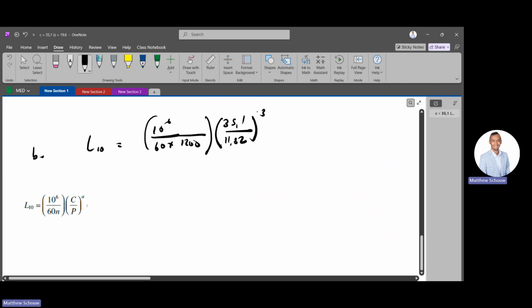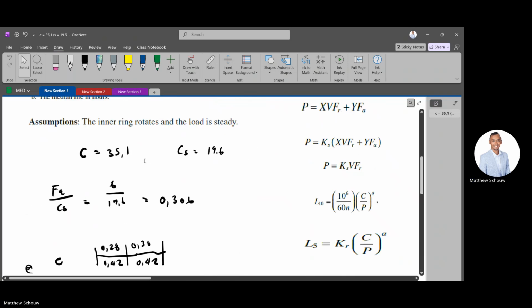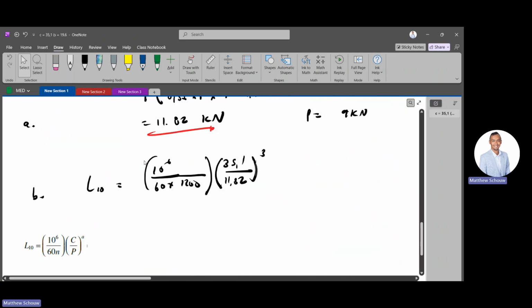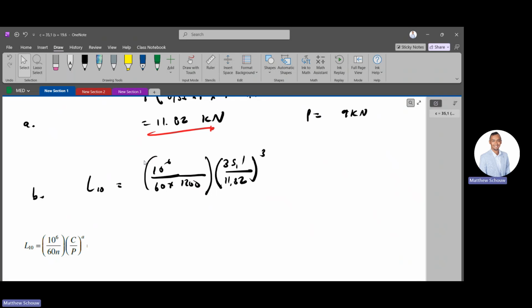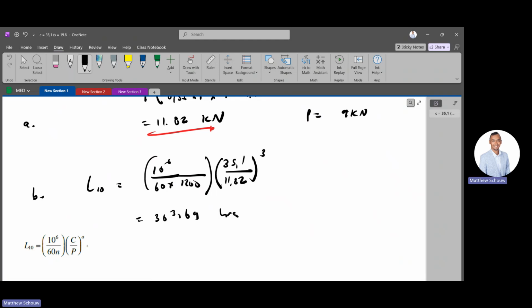Typically you want to work out the median life first, and you can do it in cycles or hours. So I'm just getting the hours one time. And then 3, and if you get that answer, you should get around 363.69 hours.